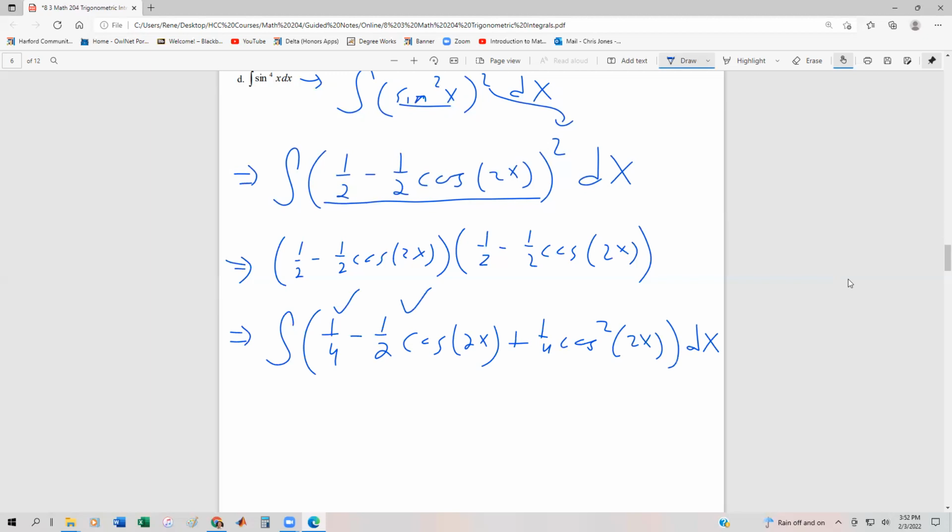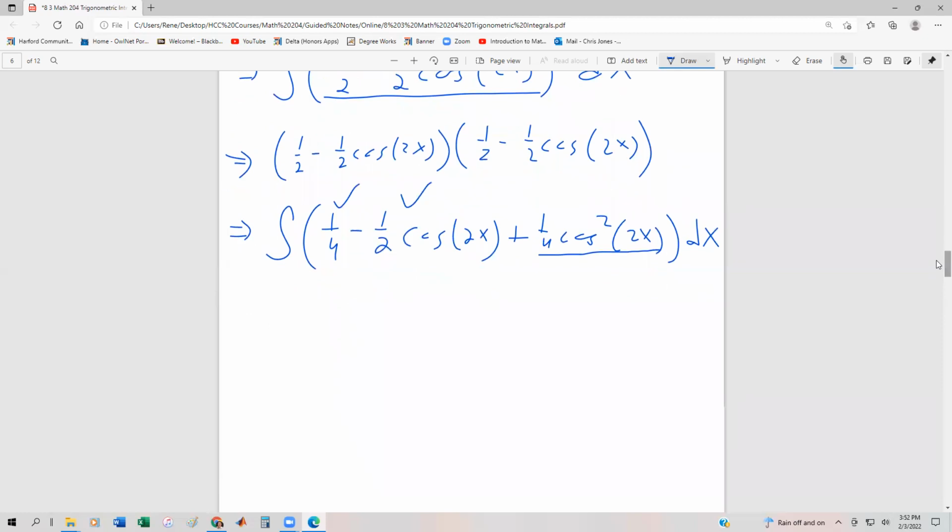All right. So these two first terms are easily integrable. Okay, we can find an antiderivative for both of those rather easily. Unfortunately, this 1/4 cos squared of 2x is not basic. And so what we're going to have to do is use the power reducing formula again on this. Okay, and so we're going to keep our constant of 1/4. We're going to keep that 1/2 cos of 2x. And now we have our power reducing formula.